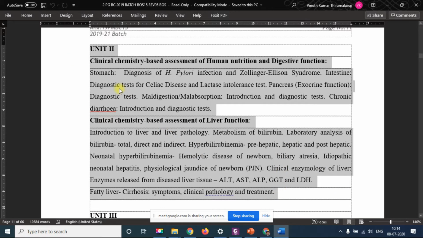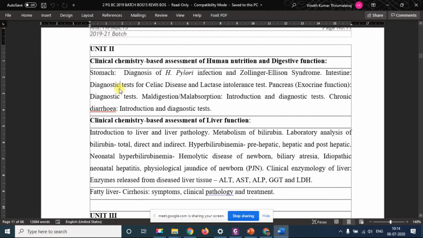This is very simple: the clinical chemistry based assessment of human nutrition and digestive function. Clinical biochemistry can be studied in different aspects, and one of the aspects is this one, which is internationally accepted. I was in Libya, and I taught the same paper to medical doctors and also MD biochemistry students.